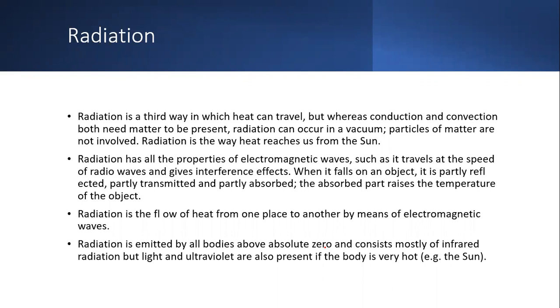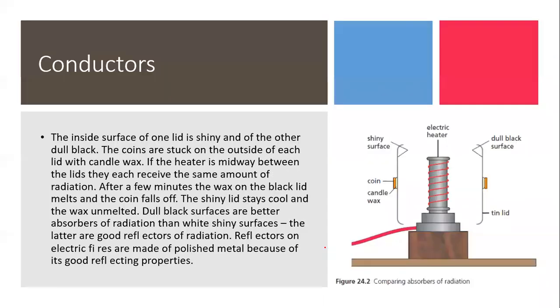So what is radiation? Radiation is the flow of heat from one place to another by means of electromagnetic waves. When electromagnetic waves allow heat energy to transfer from one place to another, that is known as radiation.